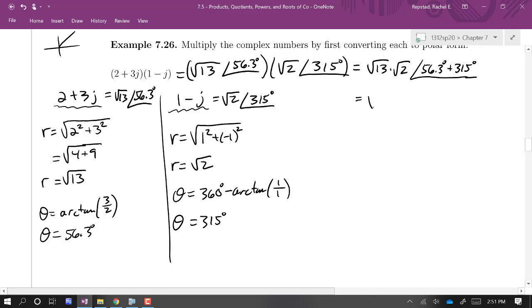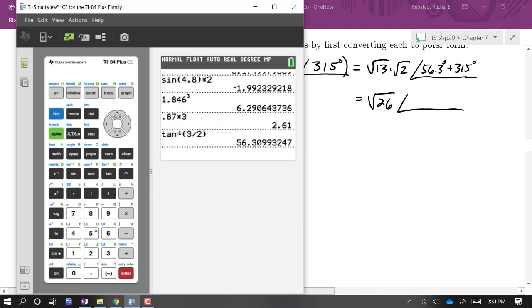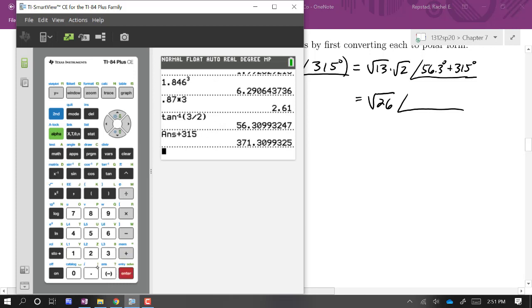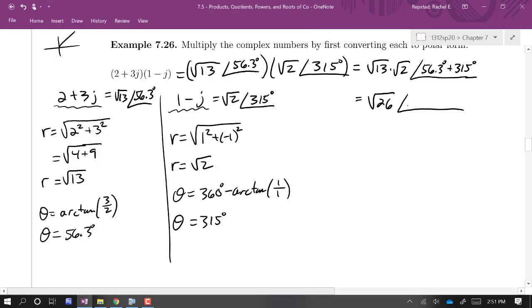Root 13 times root 2 is root 26, which is already simplified as a radical. 56.3 plus 315 is 371.3.